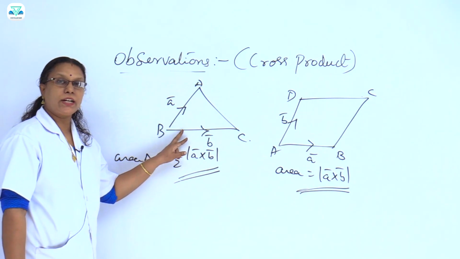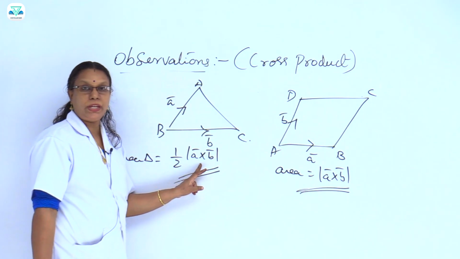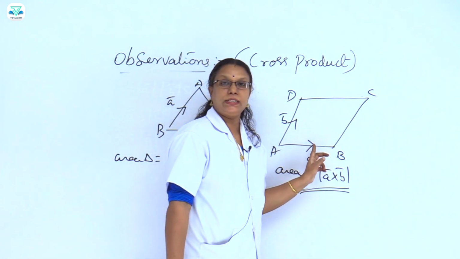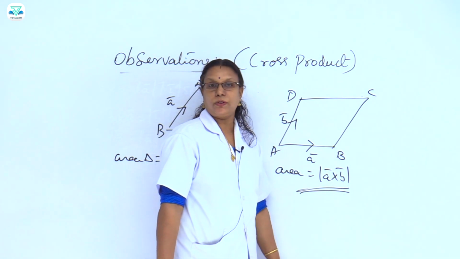Given a triangle with adjacent sides A and B, its area is half modulus A cross B, and given a parallelogram with adjacent sides A and B, its area is given by modulus of A cross B.